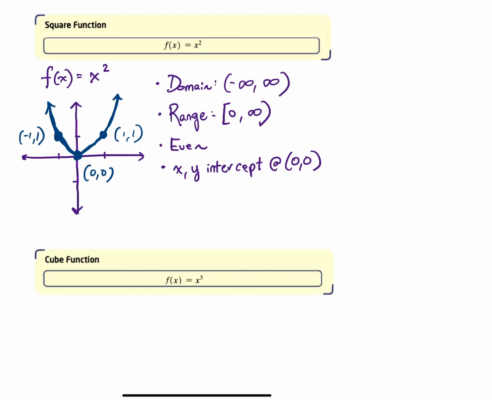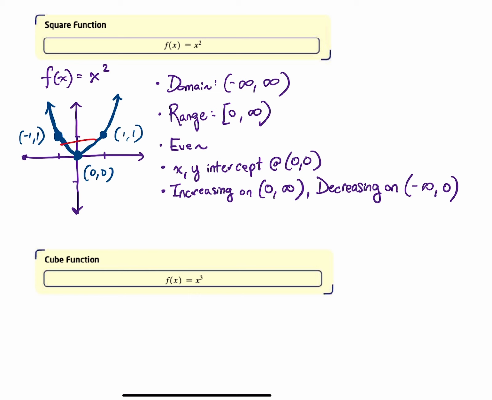This one has both increasing and decreasing behavior. So it's increasing on the interval from 0 to positive infinity. After 0, it starts increasing, and decreasing on the other side. So we can say decreasing on negative infinity to 0. And we have both a local and an absolute minimum.